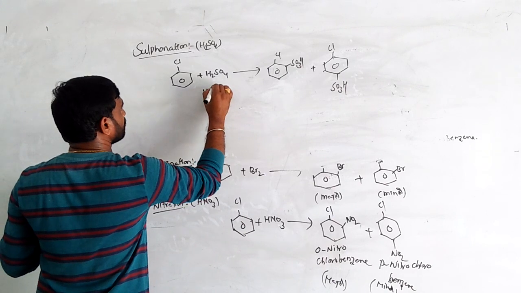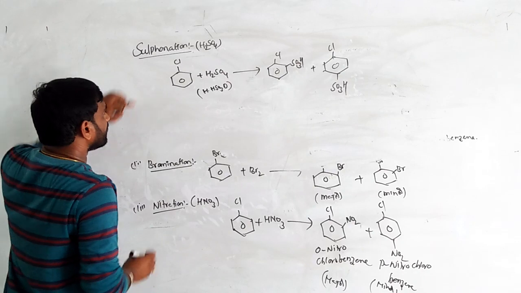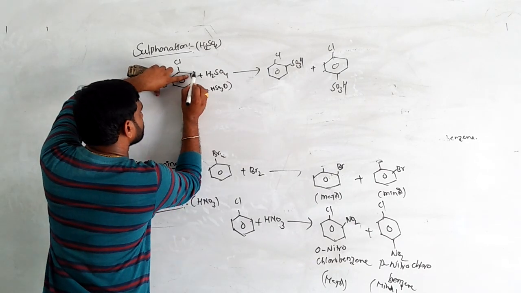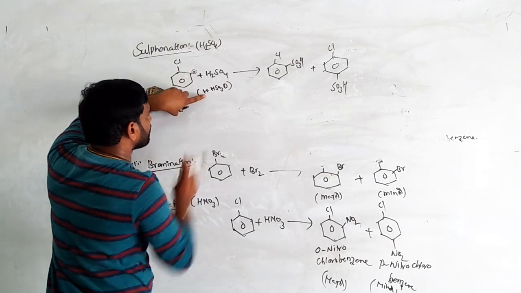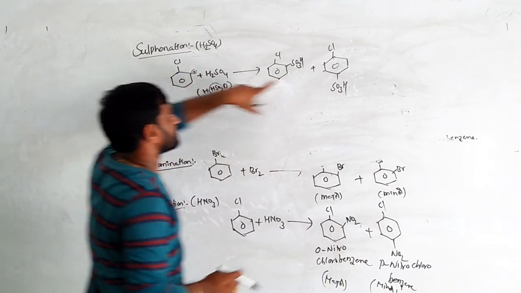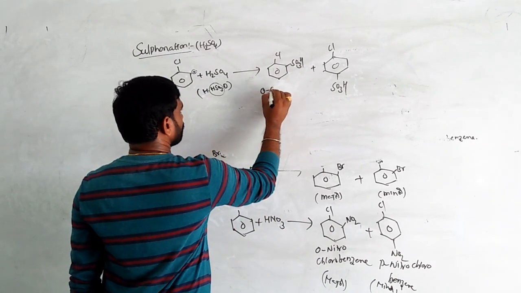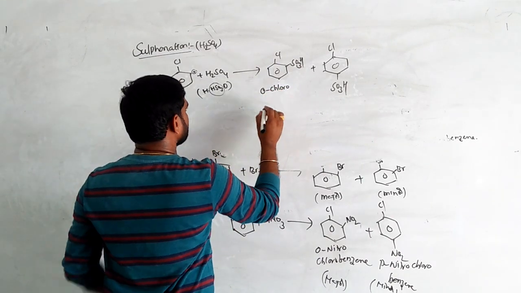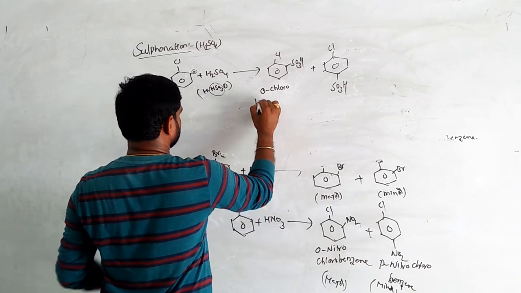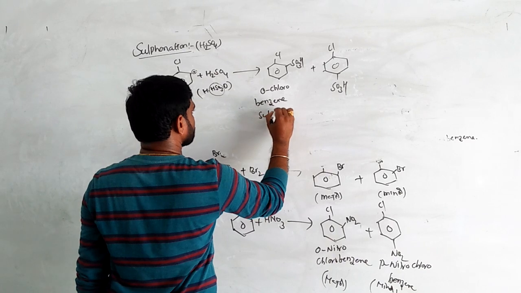H2SO4 means HSO3OH. Here, removal of ortho hydrogen and removal of H2O by adding the HSO3 group gives sulfonic acid. This is orthochlorobenzene sulfonic acid.